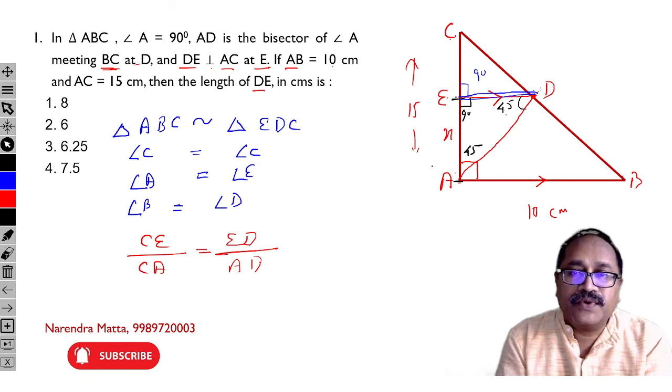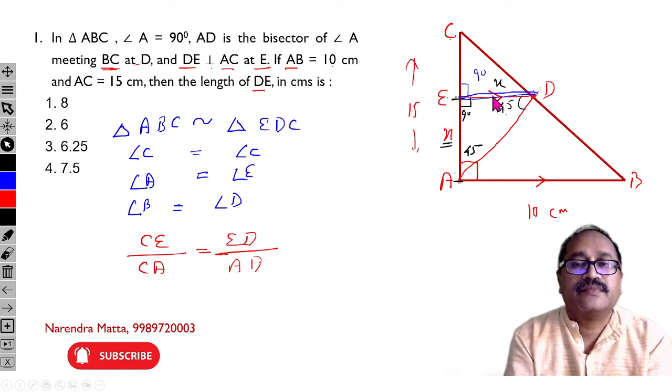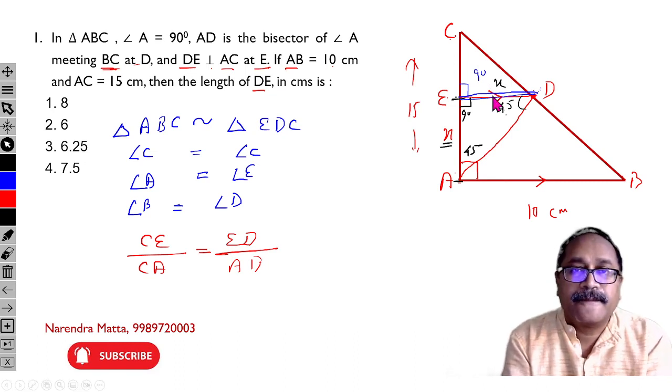Therefore, if EA is x, then ED will also be x, which I need to work out.